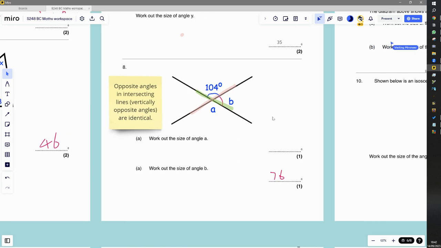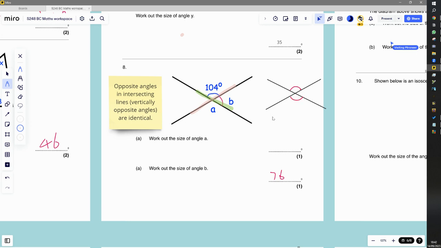So a more clear proof would be something like this, and this is a bit more advanced. One of the things you may have to do later on in maths is not just to apply rules like we're doing right now, but to prove rules. So we're trying to prove that that angle is the same as this angle. So how do we do it?